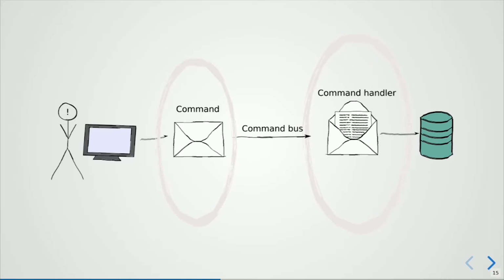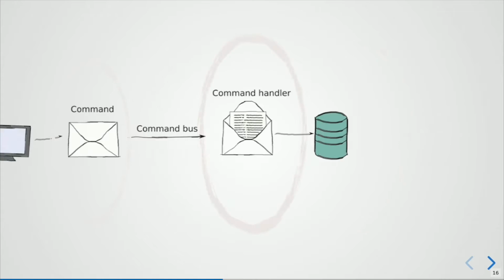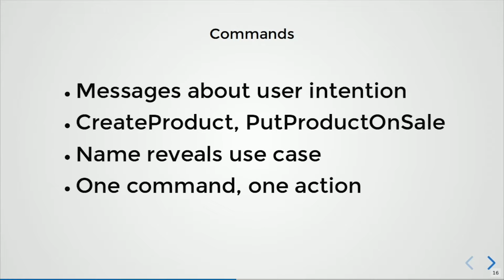So we use command buses to change the state of our application, to write data into a data store. And I said, Tactician, Simple Bus, Prooph Service Bus, they all support commands. So they're all in some part command buses. Now, commands themselves, they are messages about what our user intends to do with our application.